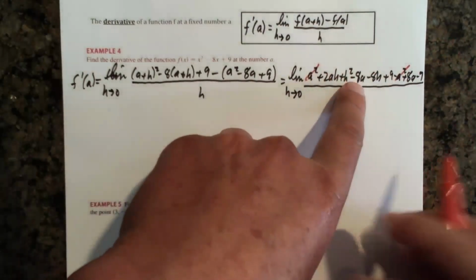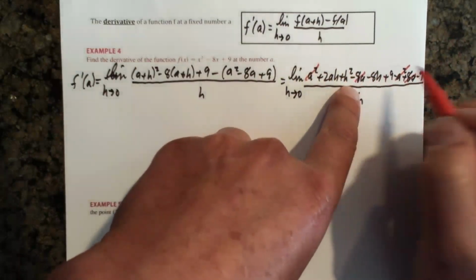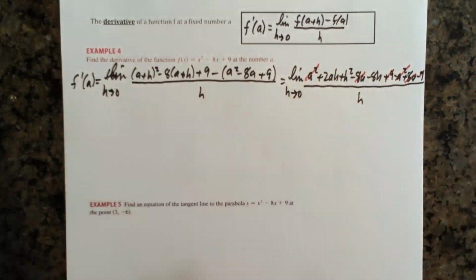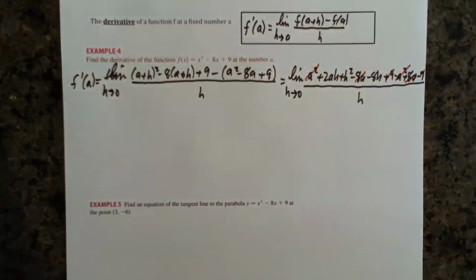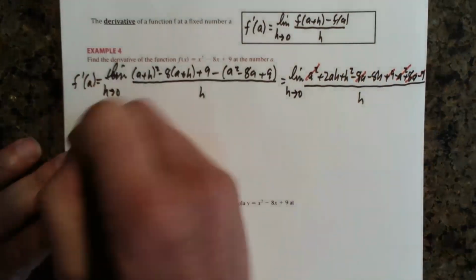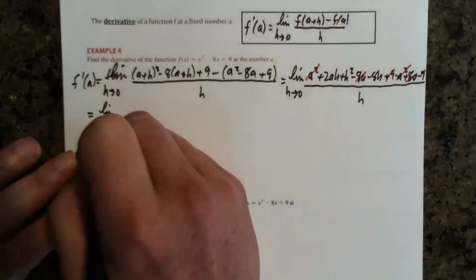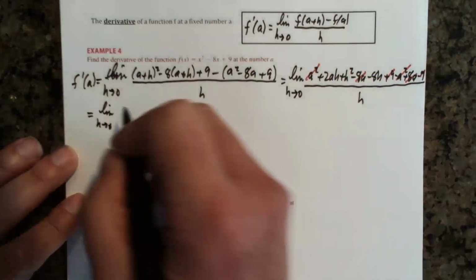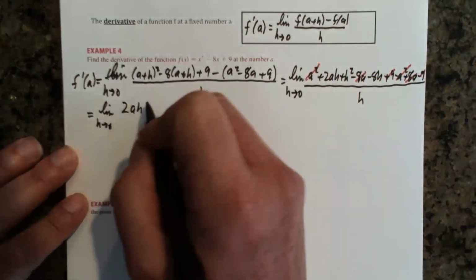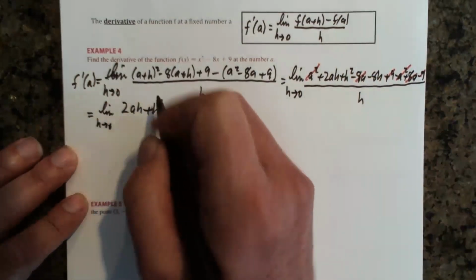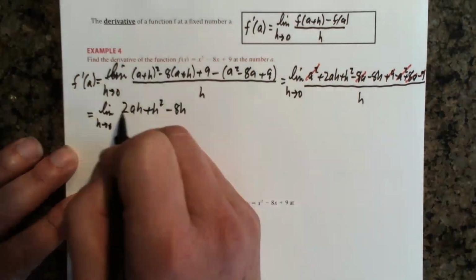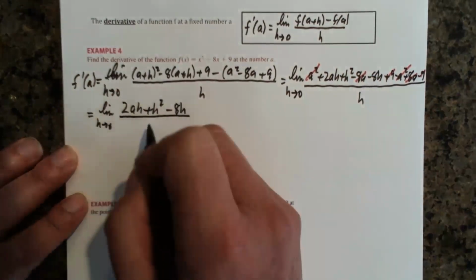We have a negative 8a and a positive 8a. And we have a 9 minus a 9. And we end up with 2ah plus h squared minus 8h all over h.